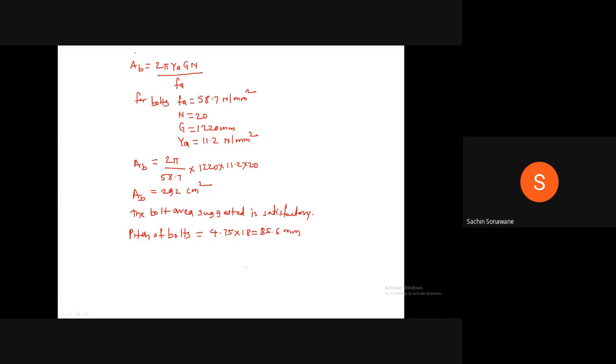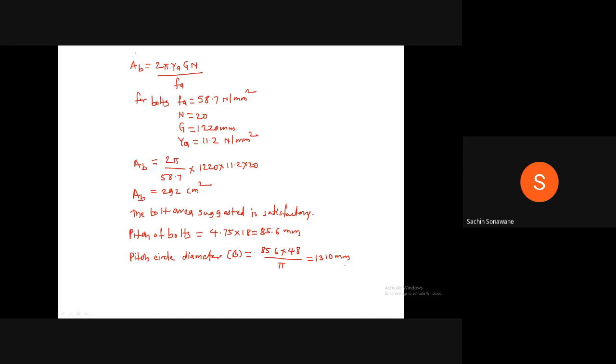Now pitch circle diameter. Pitch circle diameter B is equal to 85.6 into 48 divided by pi, which is equal to 1310 mm.